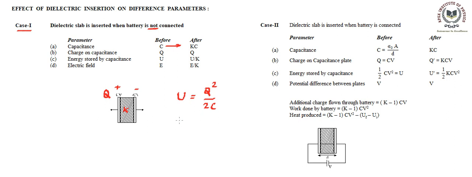There is no change in Q, but capacitance is increased by K factor. So that means stored energy will have a K factor in the denominator. So stored energy will become U by K. So stored energy will get decreased, and that decrease will be by K factor.